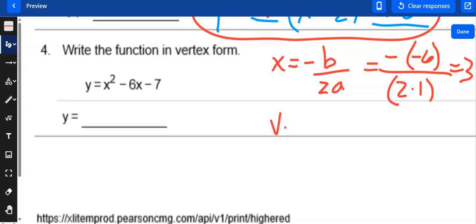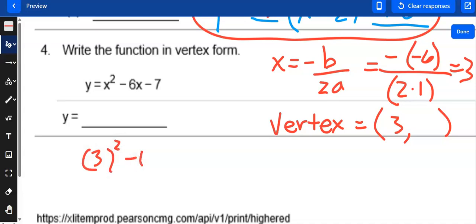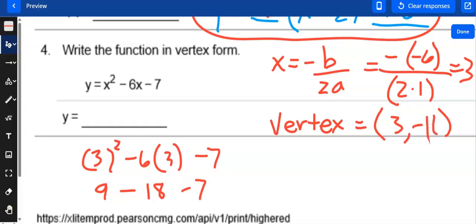So that means my vertex starts out at 3. How do we find the y value that goes with it? We simply plug the 3 in. So 9 minus 18 is -9, and minus 7 is -16.